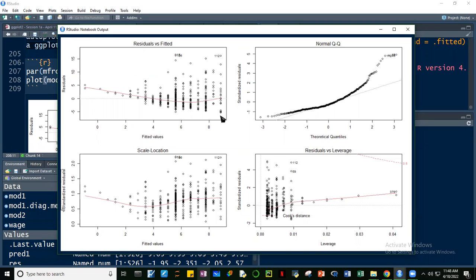Yung model natin is lacking a very important variable in explaining our dependent variable. Remember, our dependent variable is hourly wage. Ang ginamit lang natin sa education. Ang sinasabi sa atin ito, baka may mga iba pang variables na pwede natin magamit para i-explain si hourly wage. Kasi education lang yung ginamit natin.